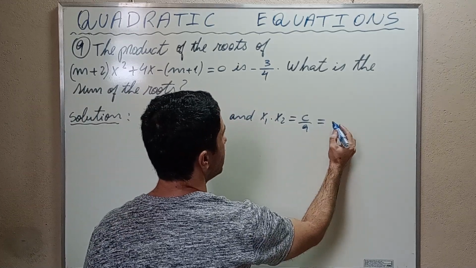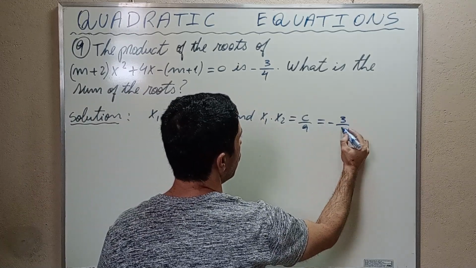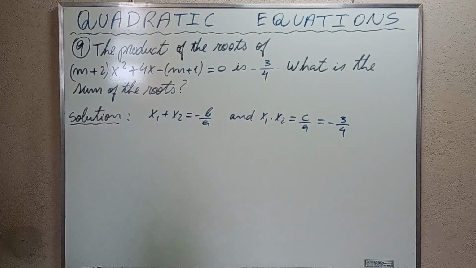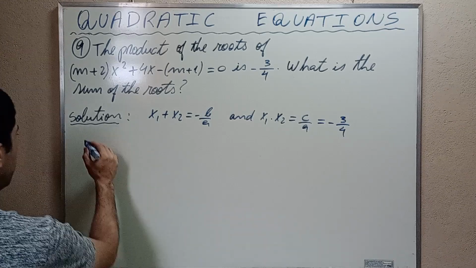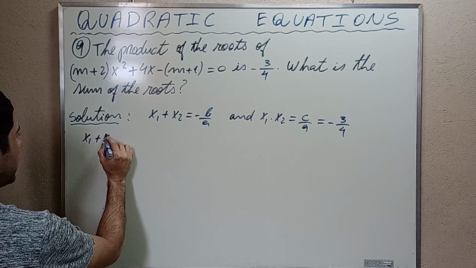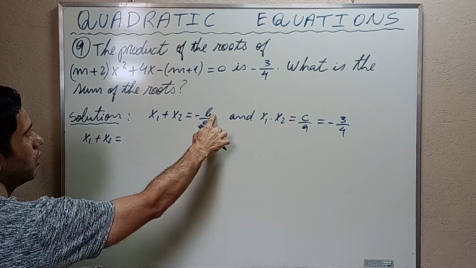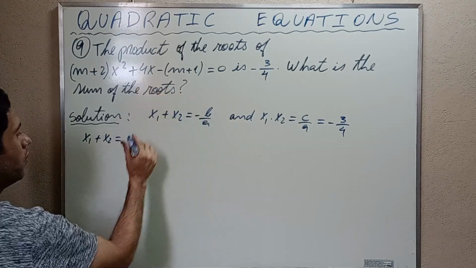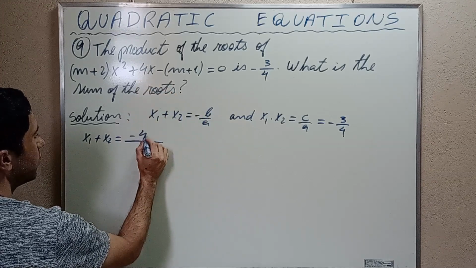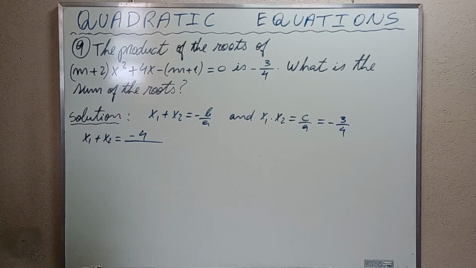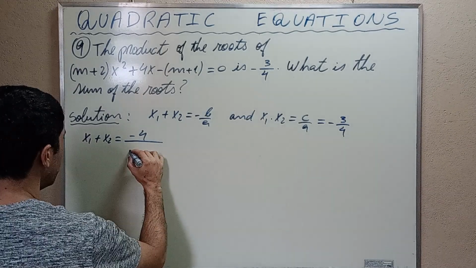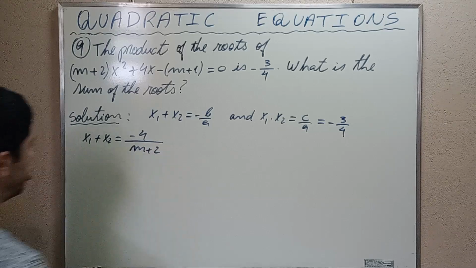So we know that it is negative 3/4, okay? This is the initial condition of this exercise. Observe that x1 plus x2 is equal to, b is 4, negative 4 divided by a. A is equal to m plus 2, okay?